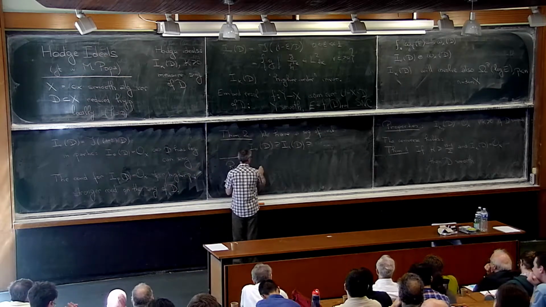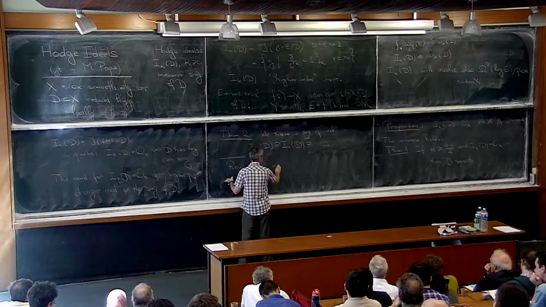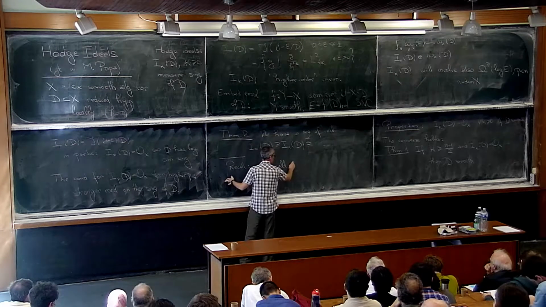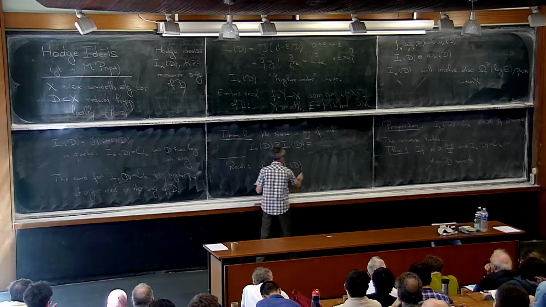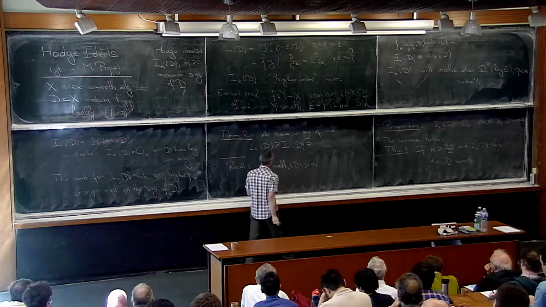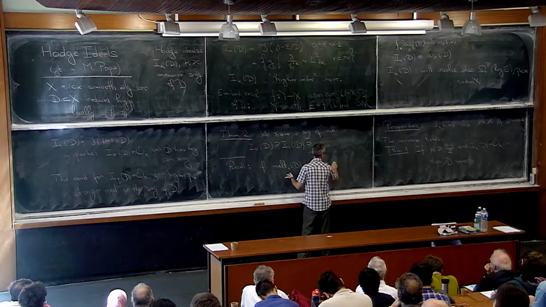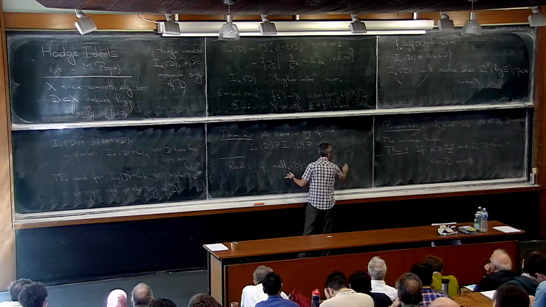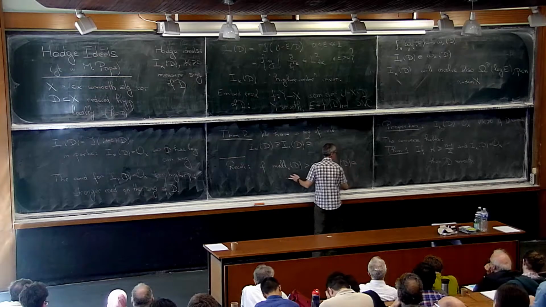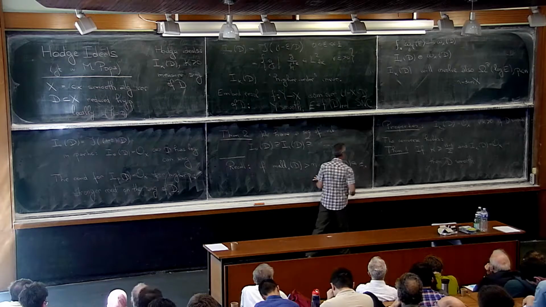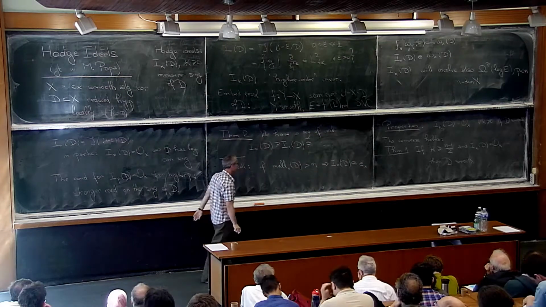If the multiplicity at the point x of D is larger than the dimension, then in fact this multiplier ideal I0 of D is contained in the ideal defining the point.